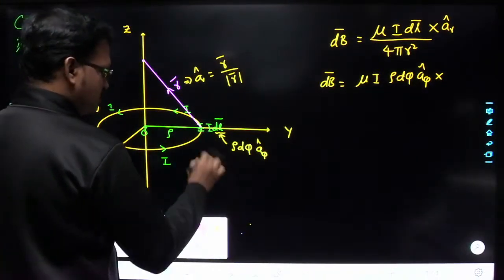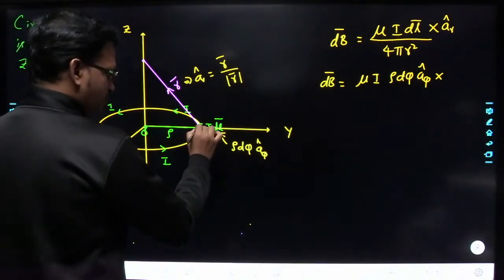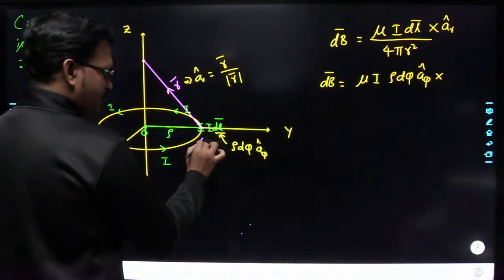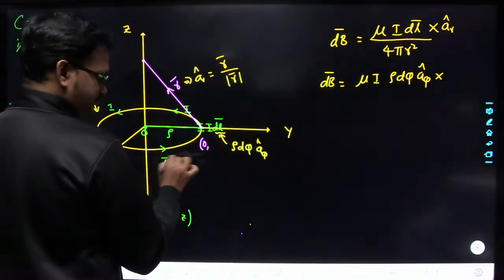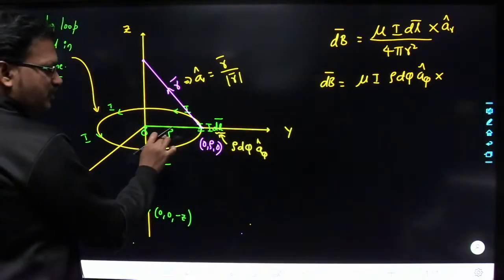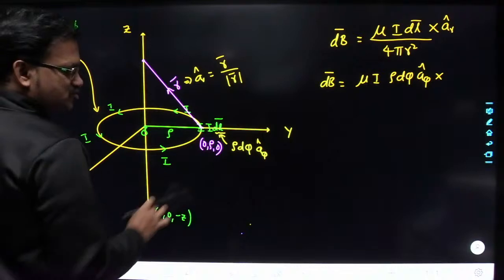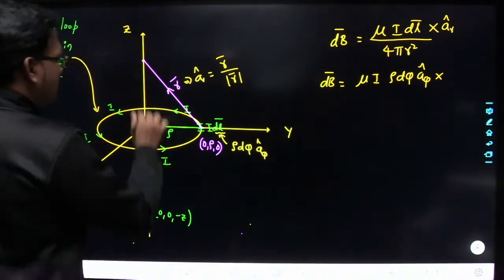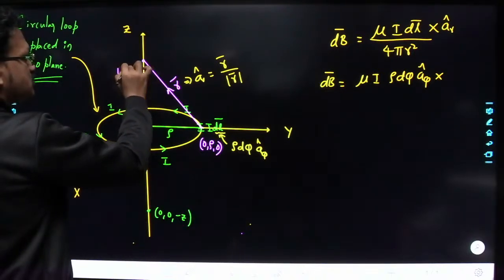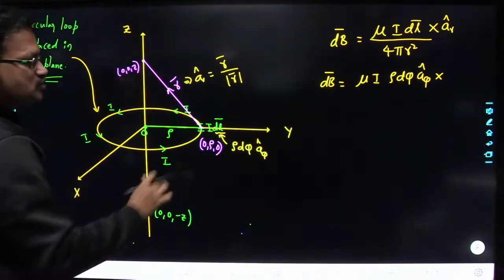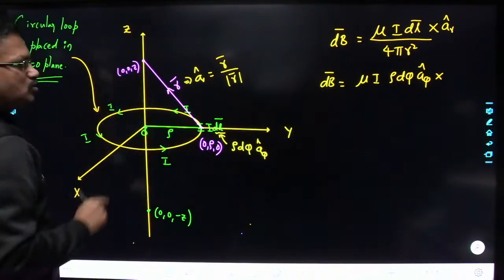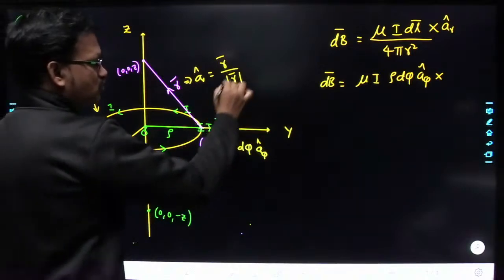This point is lying along the y-axis, so I am representing it as 0 comma rho comma 0, since the distance from here to here is rho. And this point is nothing but 0 comma 0 comma z. R bar is the vector pointing from 0 comma rho comma 0 to 0 comma 0 comma z.